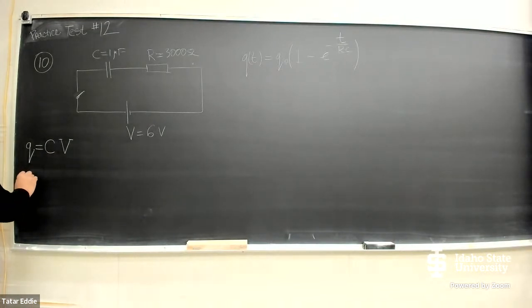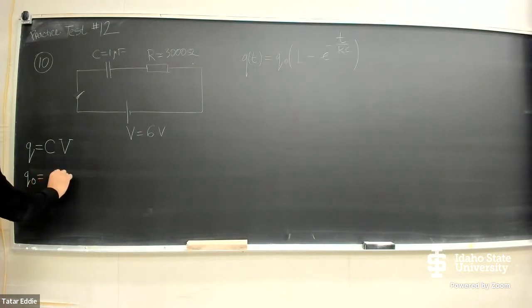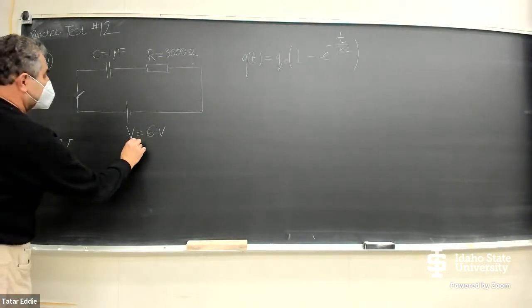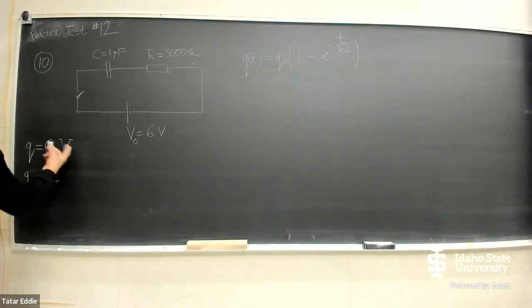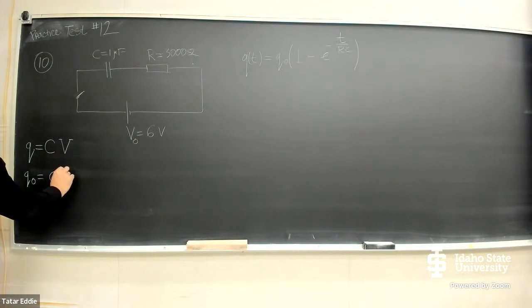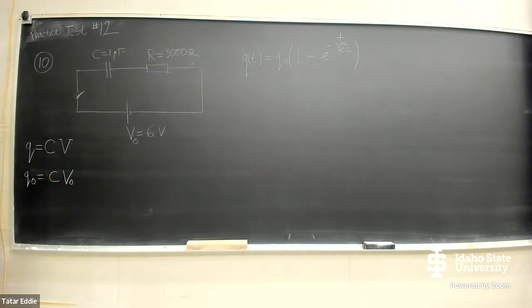So Q naught is going to be capacitance times, well, let's change the name of this voltage to V naught. So when you close the circuit, you're going to have some current flowing.